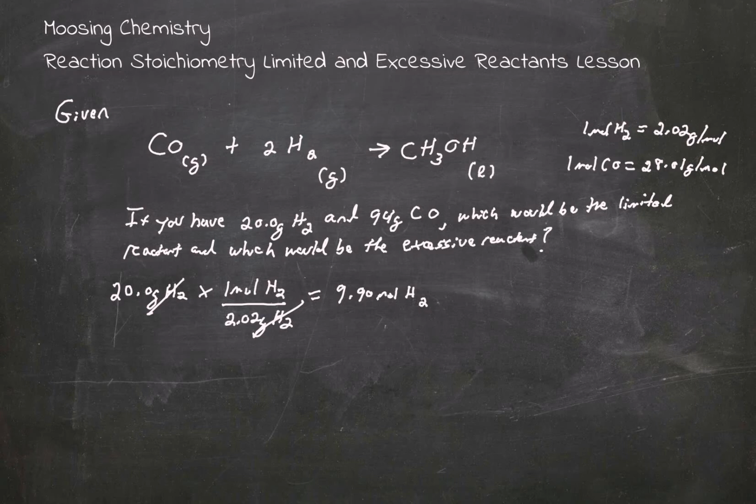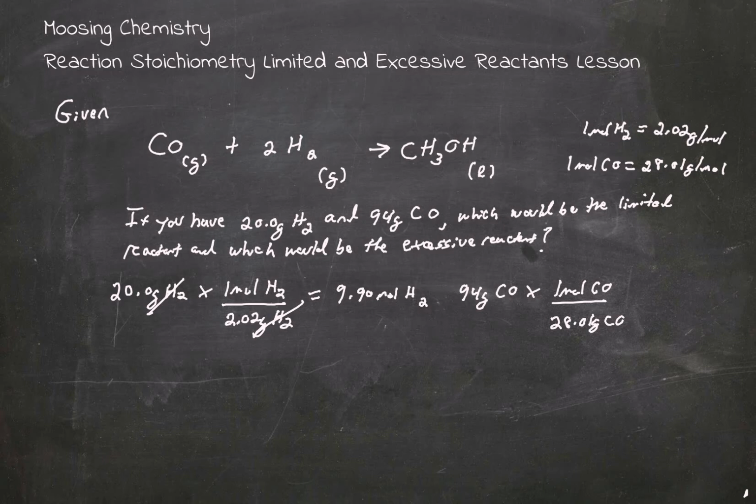Also, we need to check out our grams of carbon monoxide. So we're given 94 grams of carbon monoxide times 1 mole of carbon monoxide divided by the molar mass of carbon monoxide, which was determined to be 28.01 grams of carbon monoxide.